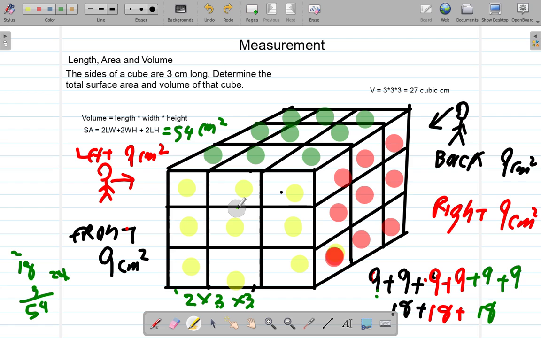What about the length and height? If we're talking about the length here and the height here, the length and height multiplied give you one side. We double that because the left and the right have the same area. So that's why the formula would work. 2 times length times height.